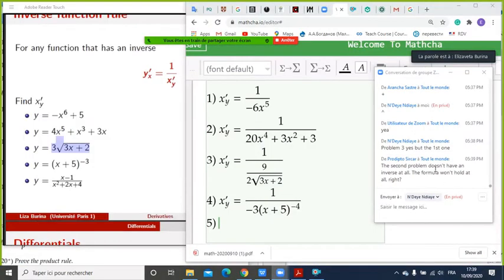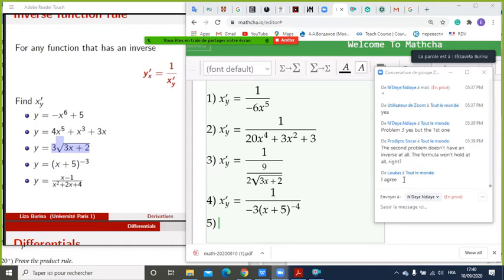The second problem doesn't have an inverse at all. The formula won't hold at all, right? The formula, yeah, you're right. But, well, that will be the second step for getting the actual answer. So, as I told you, first just prepare me the fractions, right? 1 over the derivative.